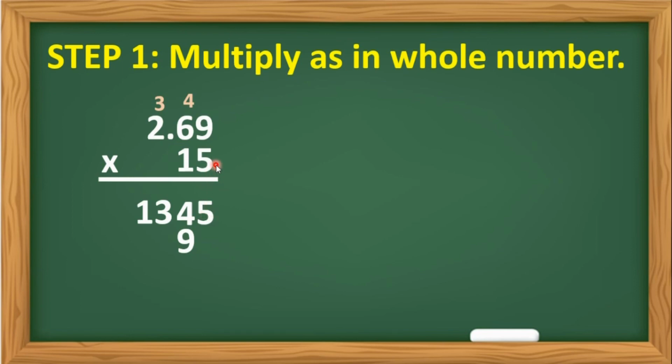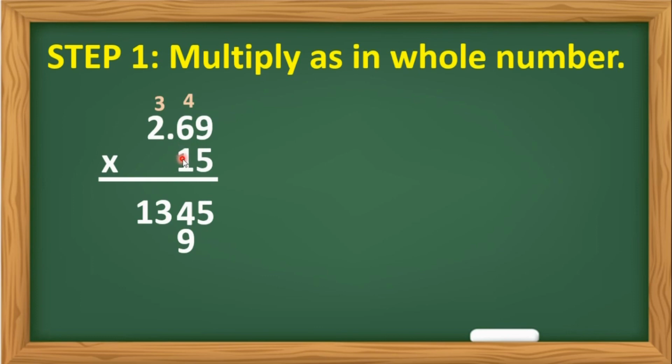Bring down 5 and then 4. Sunod na kaagad, 5 times 6 is 30. 30 plus 4 is 34. So sunod kaagad siya, 4, then carry 3. Bakit doon natin nilagay ang 3? Kasi ang sunod na digit na i-multiply natin is yung 2. 5 times 2 is 10, plus 3 is 13. So next naman is the second digit.